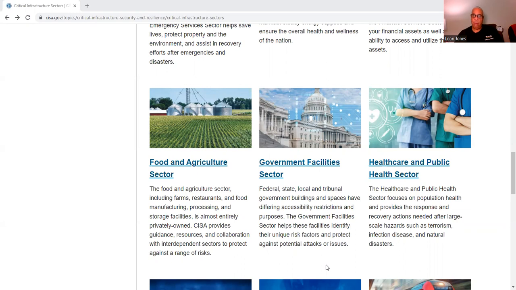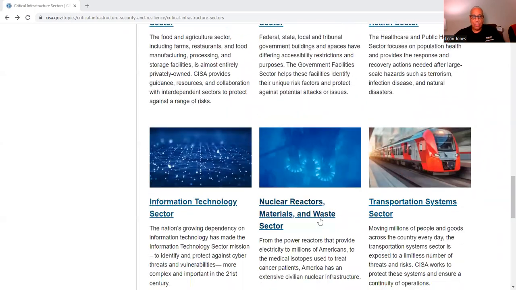Now, back in 2020, the Rona was part of the public health and healthcare sector. And they're still working on approving something to help with that virus. Also, influenza and other types of diseases would be part of that healthcare and public health sector.